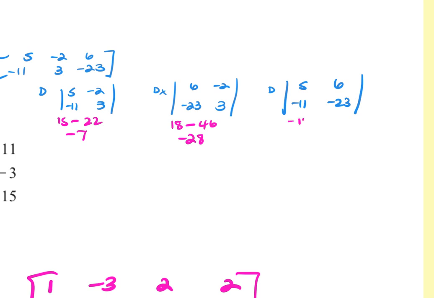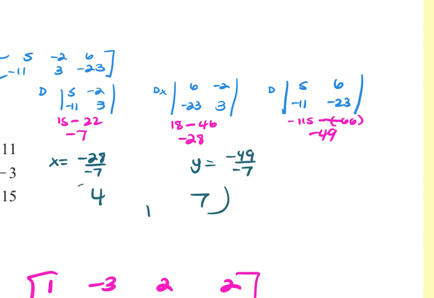So negative 115 minus a negative 66. That becomes plus 66, negative 115 plus 66. Yes. Negative 49. And then I do x is d of x over d. Y is d of y over d. And this is 4 and this is 7.